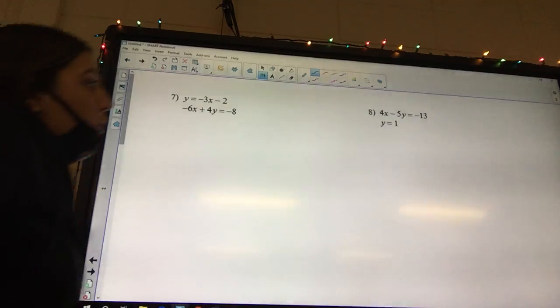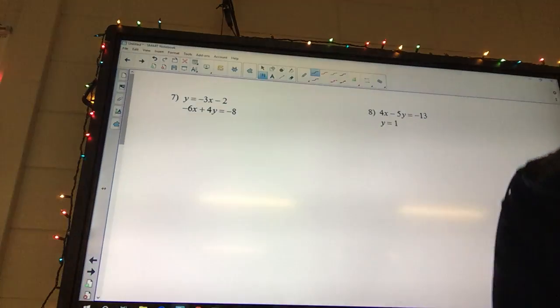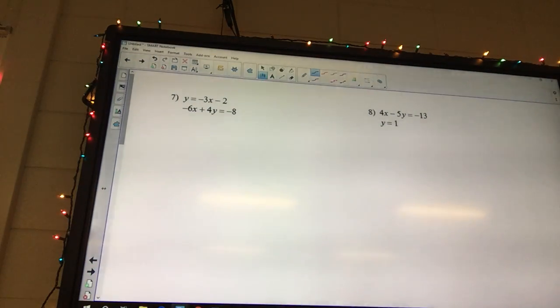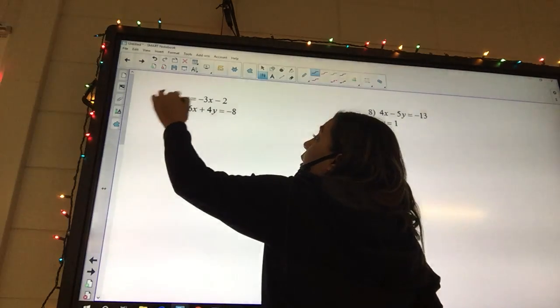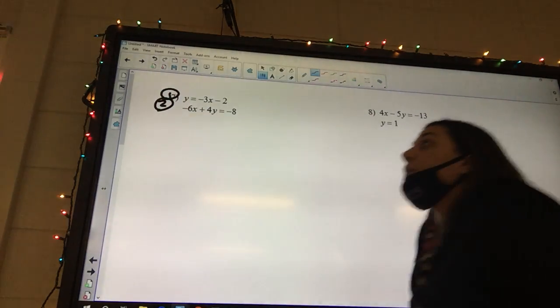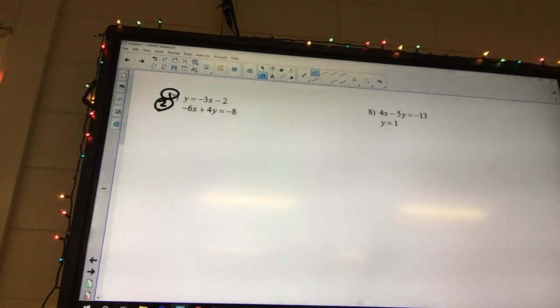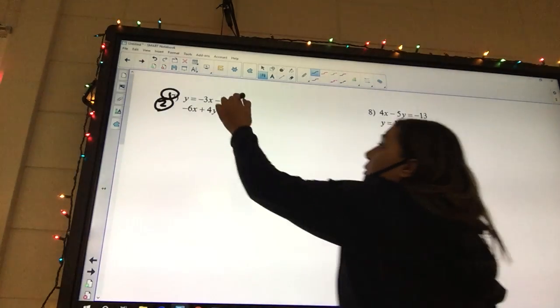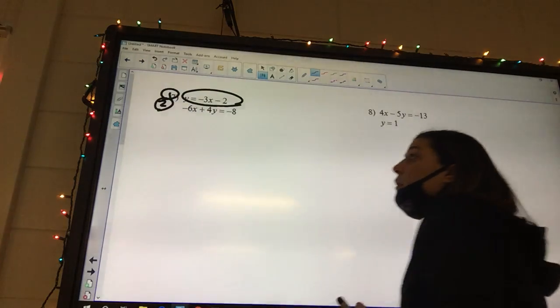Okay? So if we look at 7, we need to solve one of the equations for y. Which one are you going to use? Equation 1 or equation 2? 1. It's already solved for y. Y is already by itself. So we can circle this, because we always circle when we solve for y.